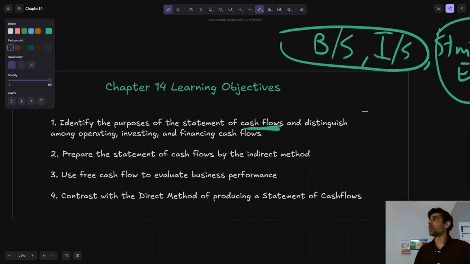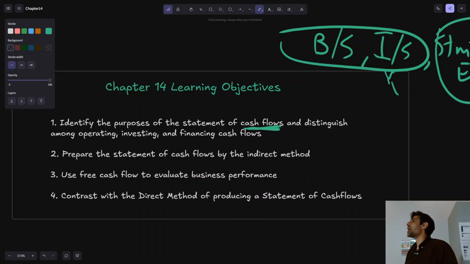But if you're even buying an ice cream shop, you're going to care about the balance sheet, the income statement, and the statement of cash flow. And a lot of times the income statement and the statement of cash flow will be almost the same for a small business. Why would that be? Or at least the income statement is not going to need much adjusting. Why is that? What did we talk about with the different bases of accounting?